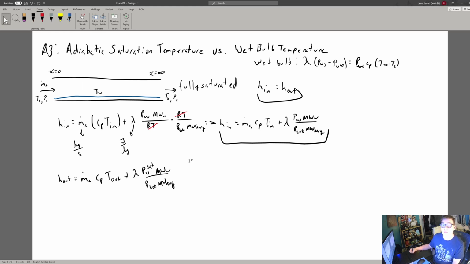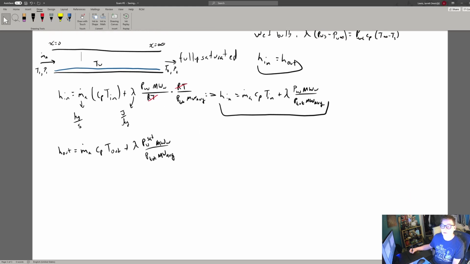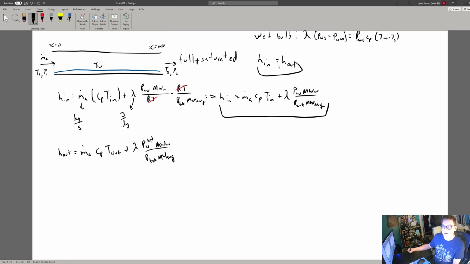Alright, and so we know that the enthalpy going out is equal to the enthalpy going in, like I said up here, so we are going to set the equations equal to each other. So here's the equation for the enthalpy in: mass flow rate of air times the heat capacity times the temperature in plus the heat of vaporization times the pressure of the water times the molecular weight of the water divided by total pressure and average molecular weight.